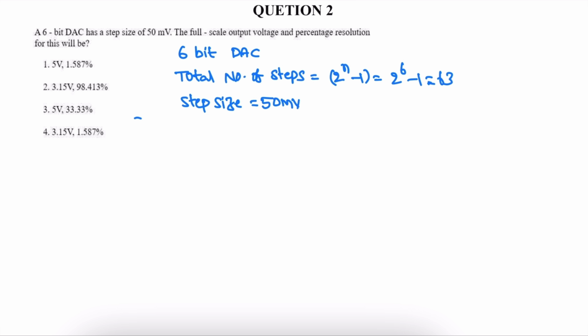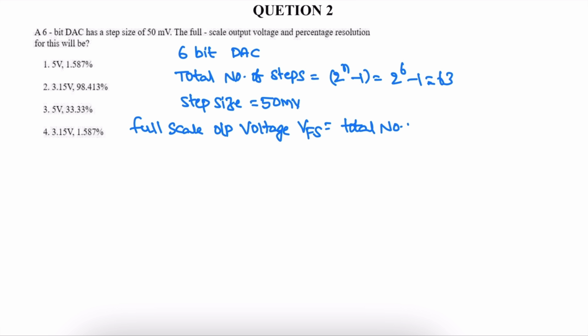Full scale output voltage VFS is total number of steps multiplied by step size. So that is 63 into 50 milli, 10 power minus 3 volts, which is 3.15 volts.